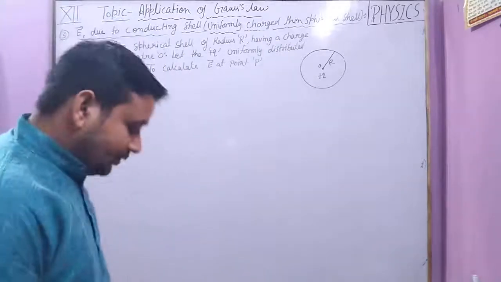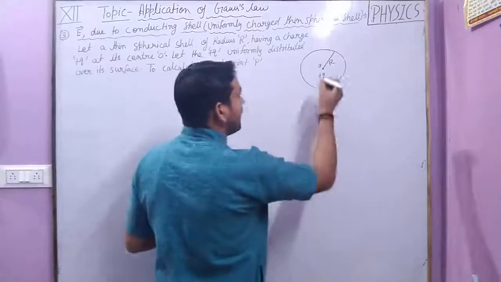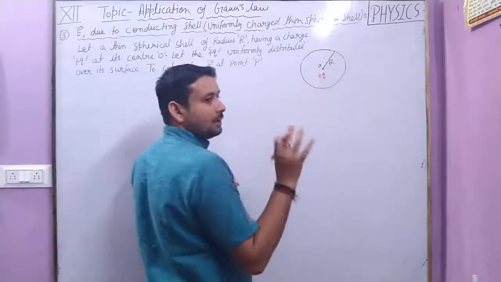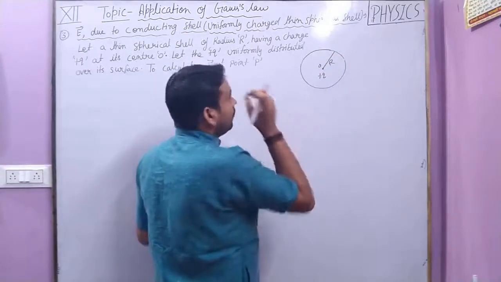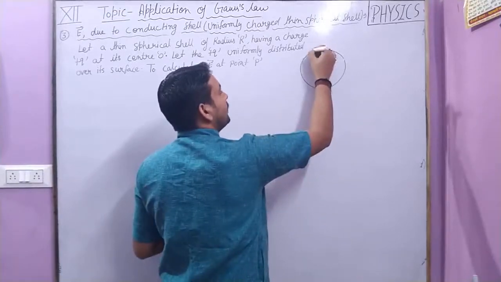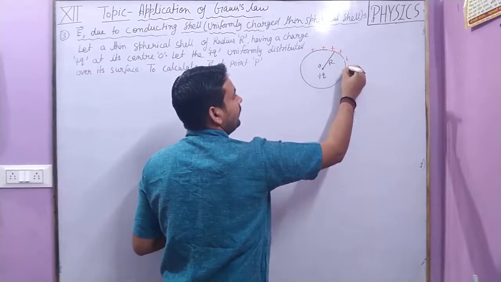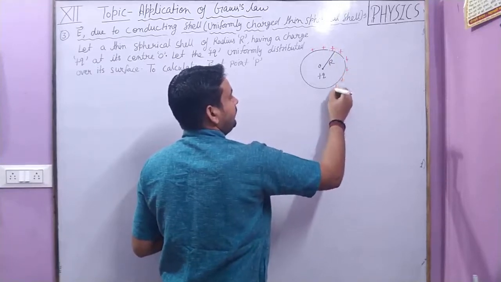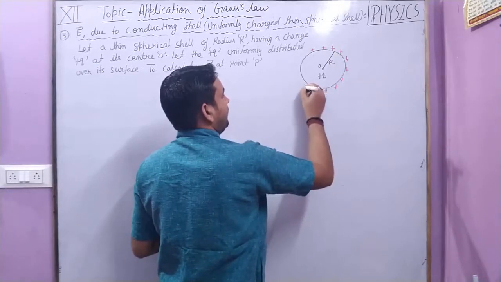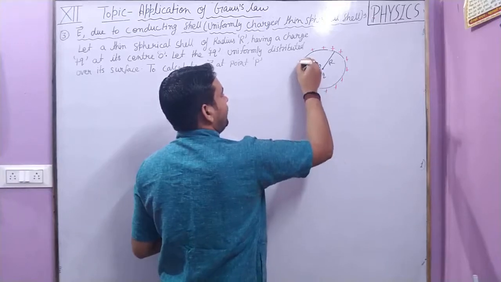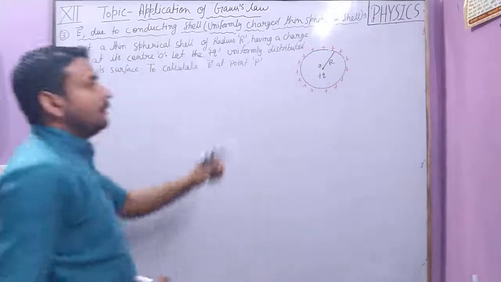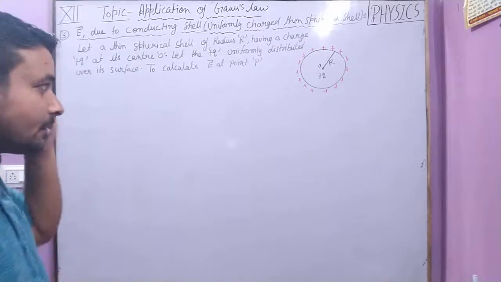As you know, the charge for a conductor is distributed over the surface, like that. This is the charge distribution for this particular surface.